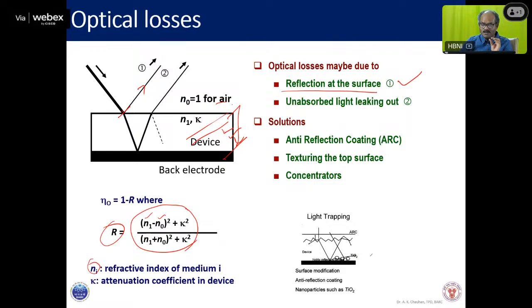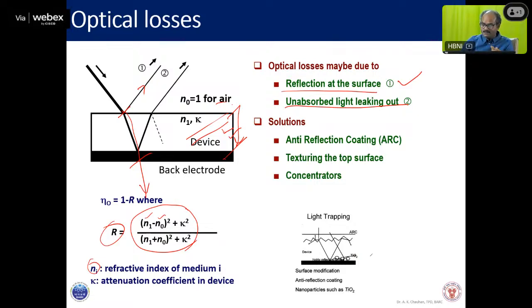In that case, the light will transmit without absorption. It can come here and it can be transmitted. So that is unabsorbed light which is leaking out. These two losses come under the optical losses.